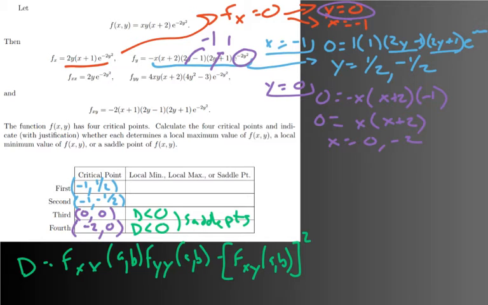The other ones, you get D is greater than 0. And then the idea with these problems is, in the other case, D is greater than 0, that's kind of like an initial check. You're good. Then what you want to do is check the second f with respect to x twice at like a point. So you can do like -1, 1/2.